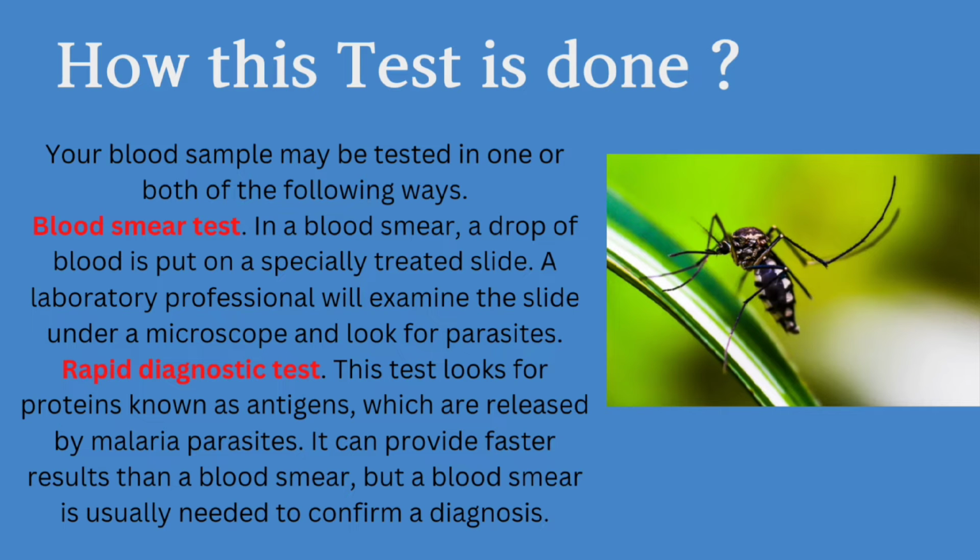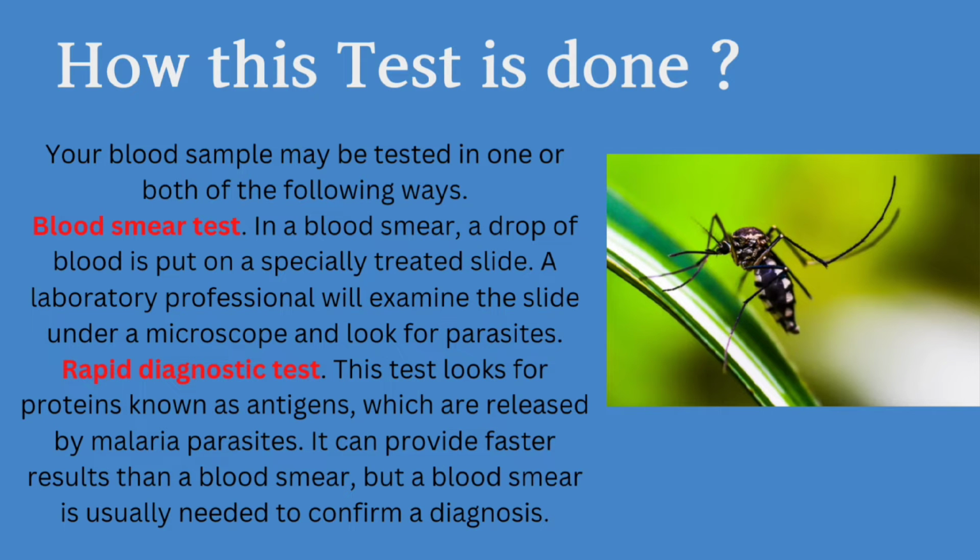How is the malaria test done? Your blood sample may be tested in one or both of the following ways. First, the blood smear test. In a blood smear, a drop of blood is put on a specially treated slide. A laboratory professional will examine the slide under a microscope and look for parasites.